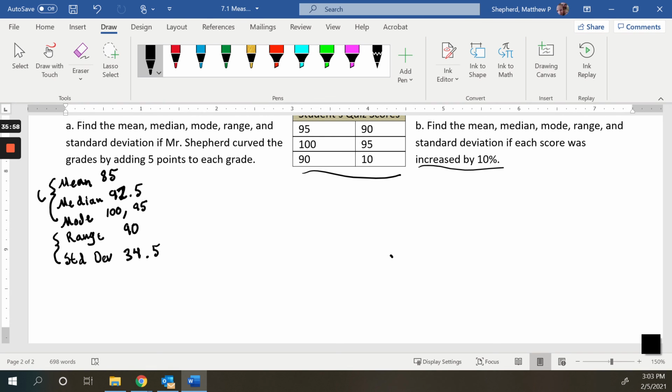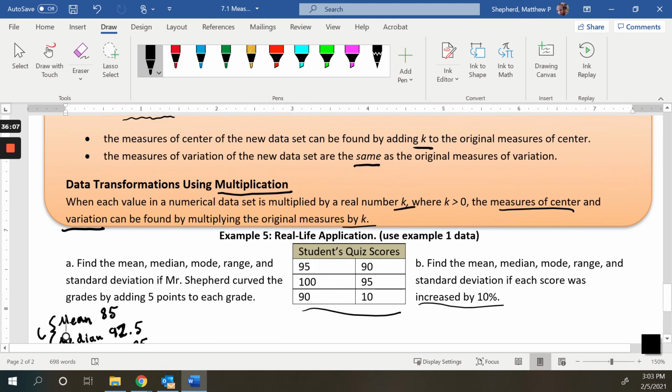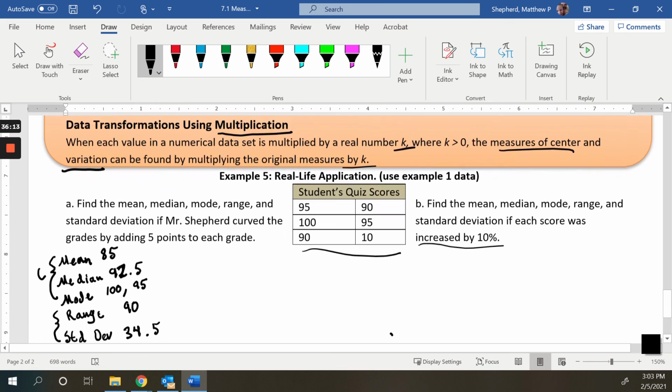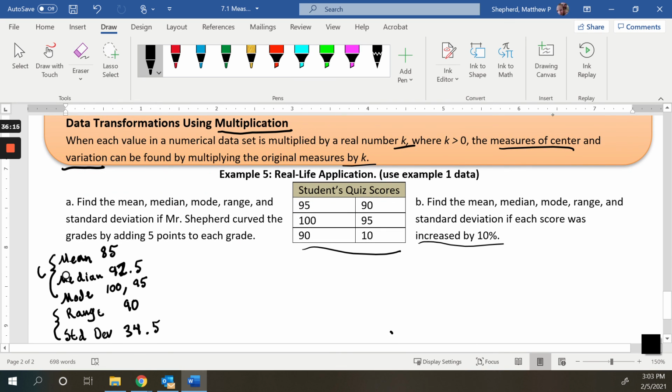In order to increase them by 10%, that means we're going to multiply by 1.1. So, according to this, we would just multiply all the originals by 1.1. So our 80 that we had originally, we'll multiply it by 1.1 to increase it by 10%. The 92.5, we're going to multiply it by 1.1.